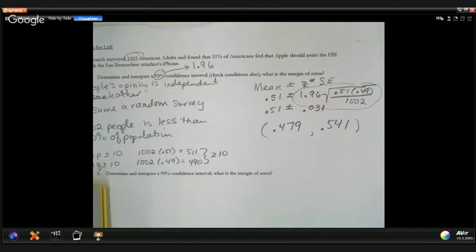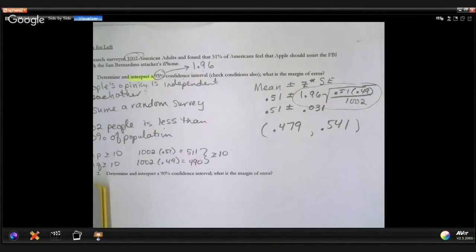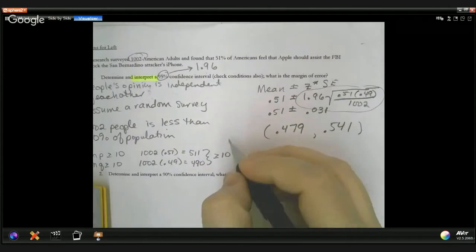And then if you notice, it also says to interpret it. So finally, we're going to the last place where we have to say something about it. And make a little box.